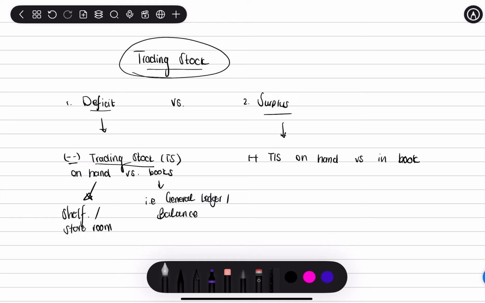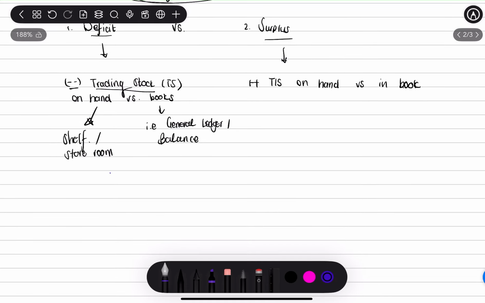Okay, so let's think of a few reasons as to why somebody could get, let's create a different color for this. Why somebody could get a deficit and why somebody could get a surplus. So, for example, a deficit could occur because goods are damaged. Yes? Think about it. Goods are damaged, goods have expired.